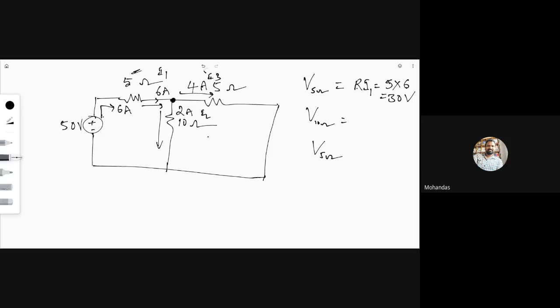Similarly V3 for the 10 ohm resistor: 10 into 2, 20 volts. Here the 5 ohm resistor: resistance 5, current 4. These are the V1, V2 and V3 values.